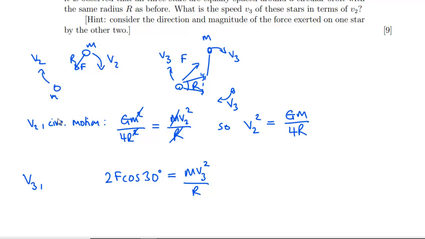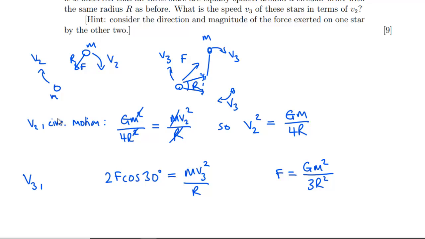So we've got r cos 30 is half of the distance between, so that's r root 3 over 2. Double it, so we've got root 3 times r as the distance between them. So F is going to be G m m, so that's G m squared, and we've got a root 3, so we're squaring the root 3.